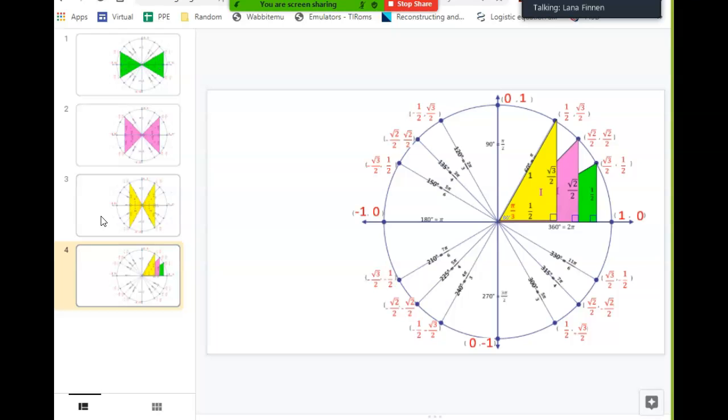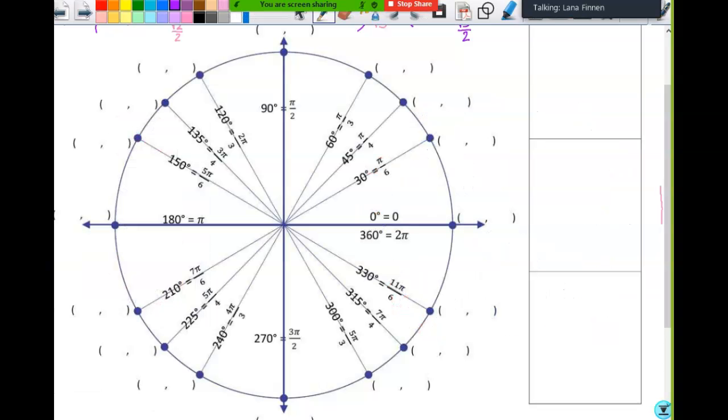And then when you are done with all that, we're going to go back to the notes. Is everybody done dragging and dropping?